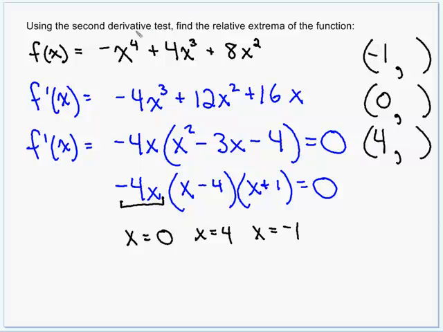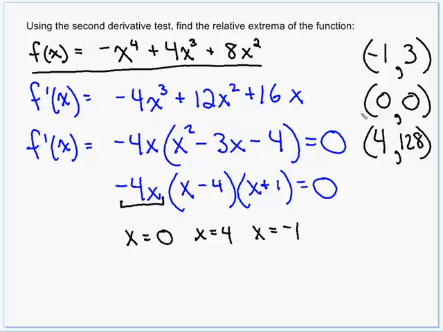Well, if we plug negative 1 into the original function, out comes a positive 3. If we plug 0 into that original function, we get a 0 output. And if we plug 4 into that, we get a 128. When we did this problem in class, we did those on the TI-89. Put the original function into the y editor, go to the table, and then plug in these x values and get your y values right out of there.